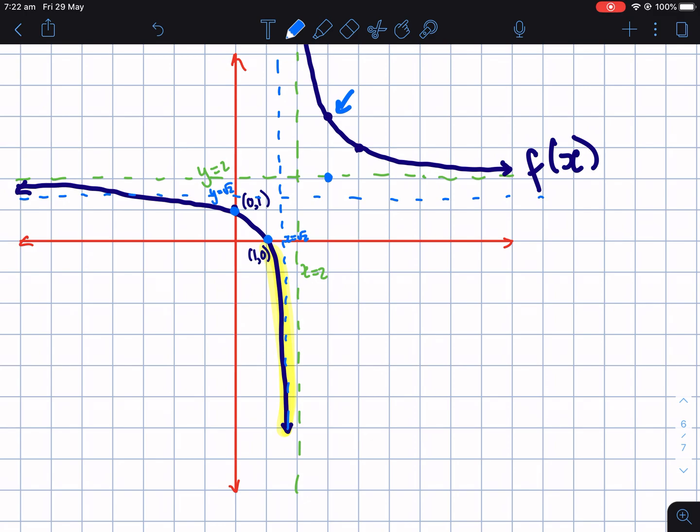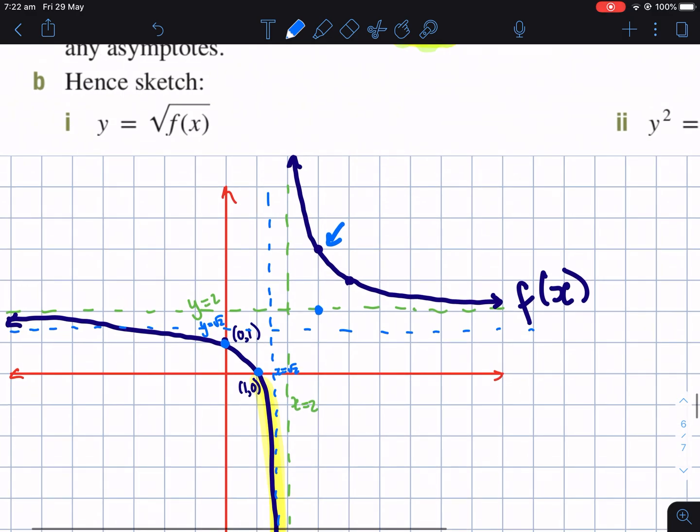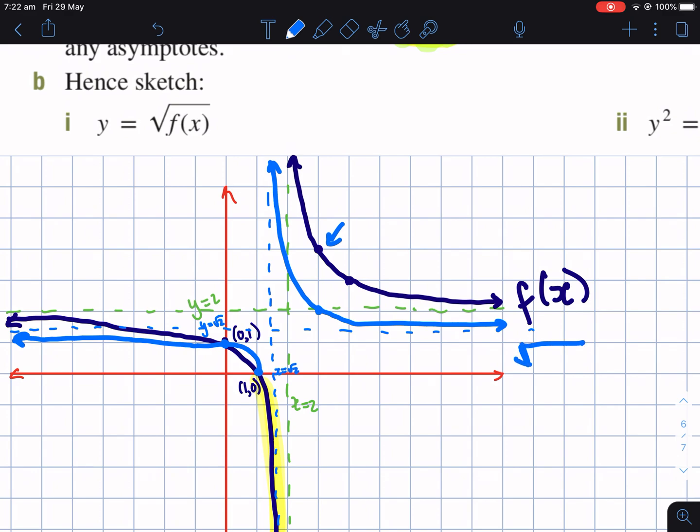So yeah, we're going to follow kind of the same shape. And this one is going to go through these points, but stop. That's it.